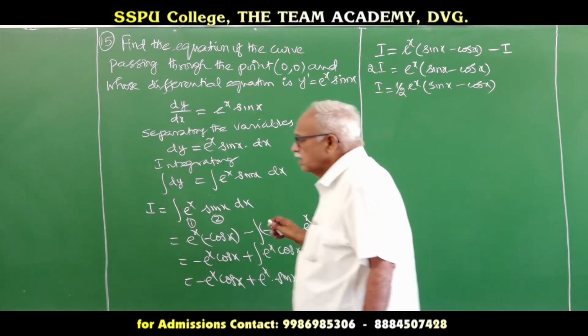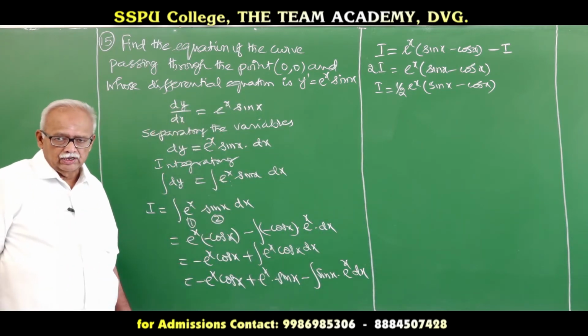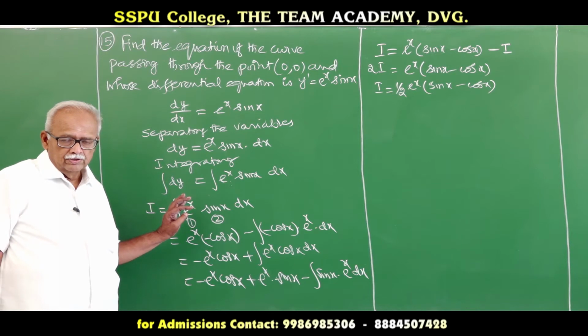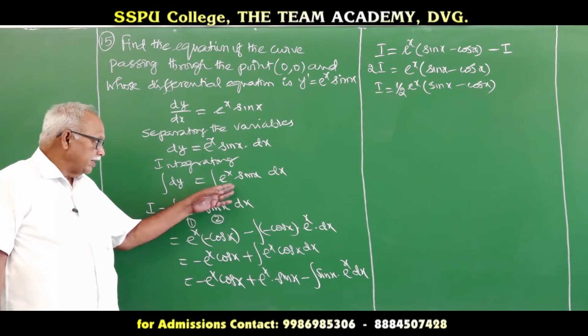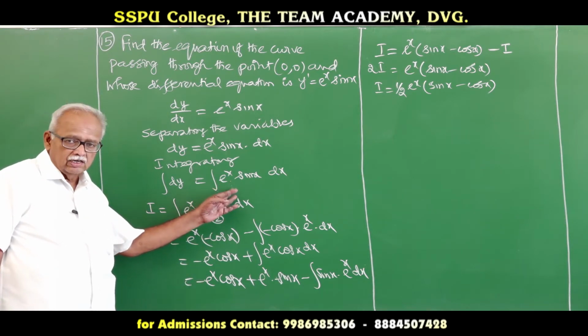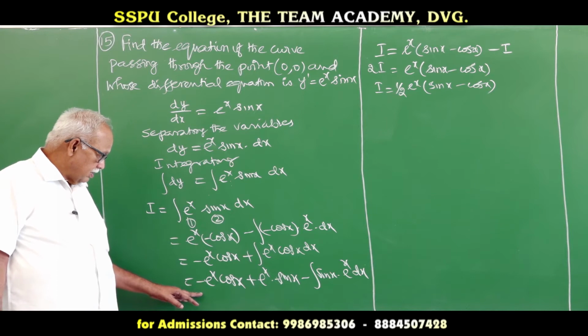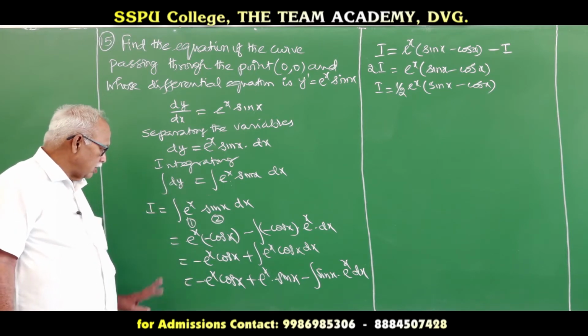So, we have just completed how to integrate this integral e^x sin x. You should have read this in integration by parts. It's a very important question. For entrance examinations there are shortcuts for this. Now, I is equal to e^x/2 into (sin x minus cos x).